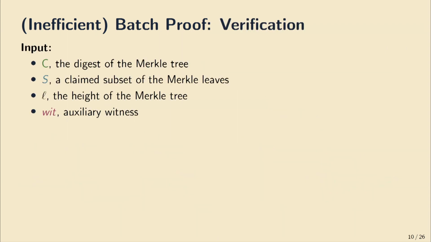Now, how do we verify an inefficient batch proof? In general, for any batch proof, there are inputs and there are outputs, right? The inputs are the digest of the Merkle tree, a claimed subset of the Merkle leaves S, the height of the Merkle tree, and some auxiliary witness, okay?